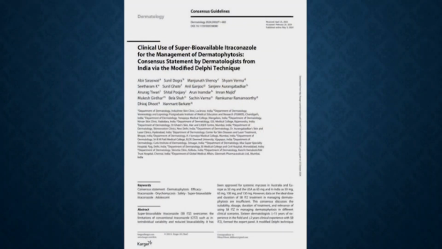This is another article which was recently published regarding the use of super bioavailable itraconazole in the management of recalcitrant dermatophytosis. It was the consensus statement by the dermatologists, and they have given us a guideline of when and how much we should use super bioavailable itraconazole in dermatophytosis.